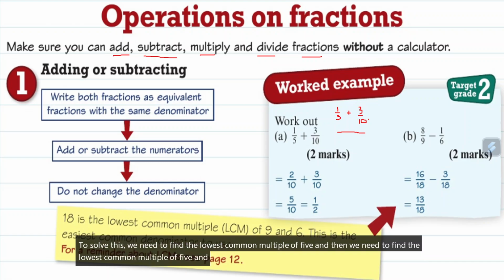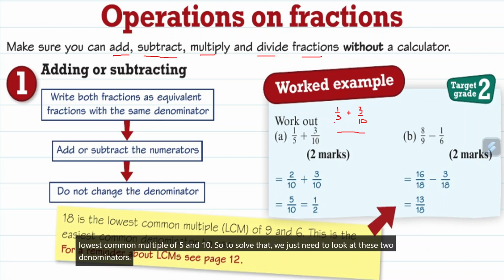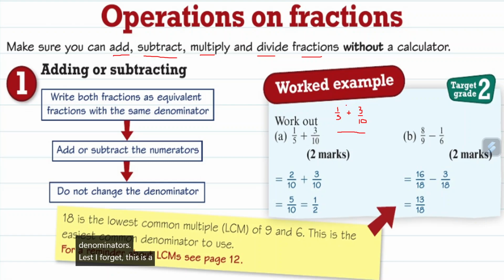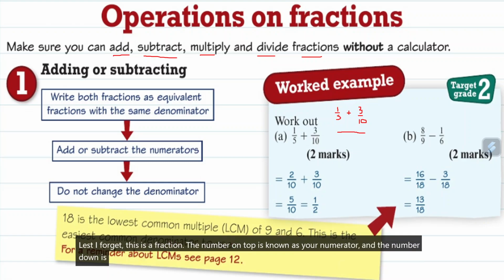So to solve that, we just need to look at these two denominators. Lest I forget, this is a fraction. The number on top is known as your numerator, and the number down is known as the denominator.